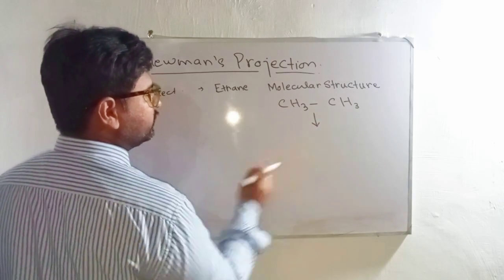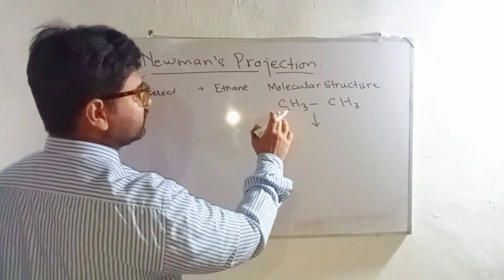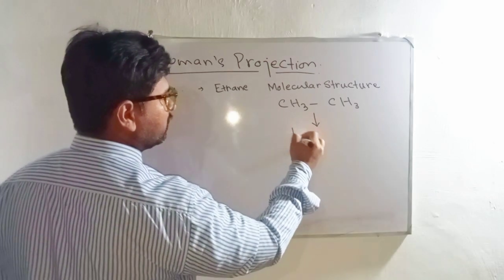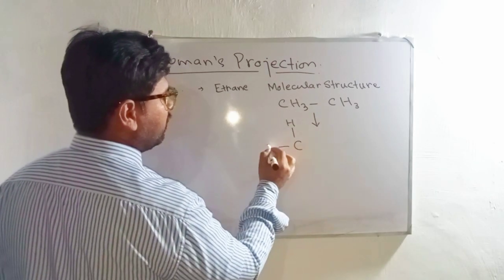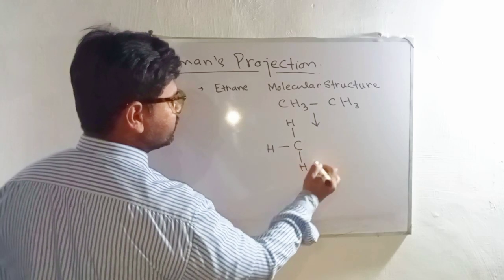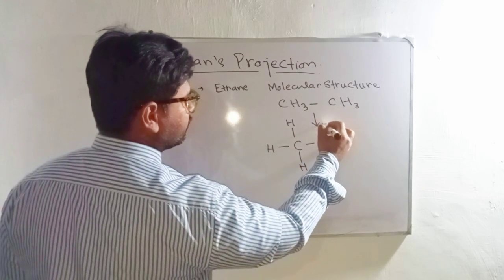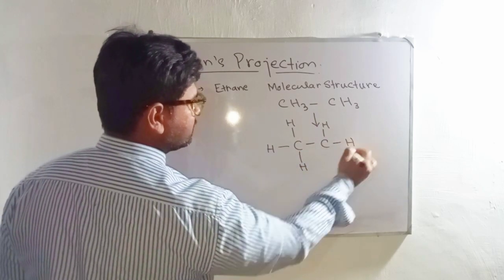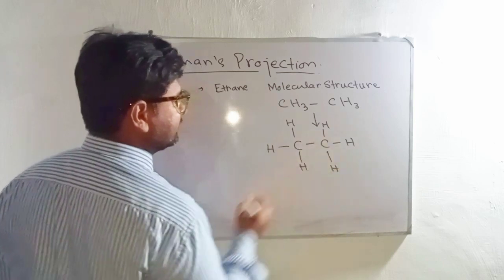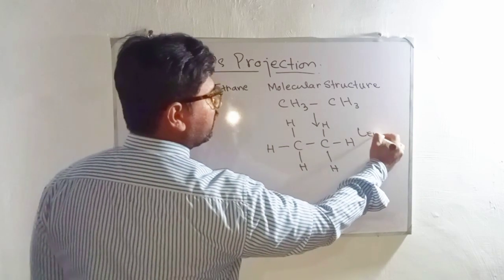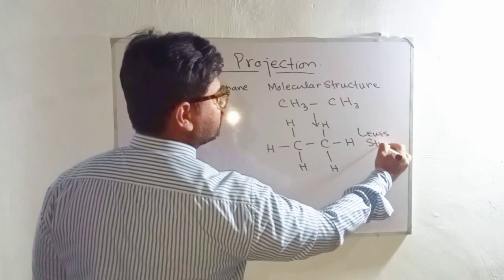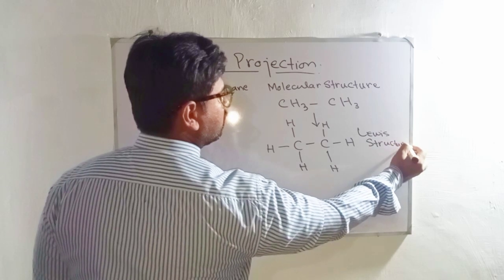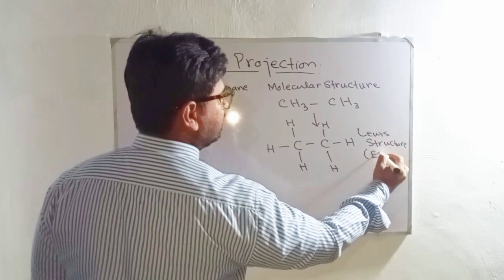If we draw its structural formula in the form of Levy's structure, its formula would look like something like this. So this is the Levy's structure of ethane.